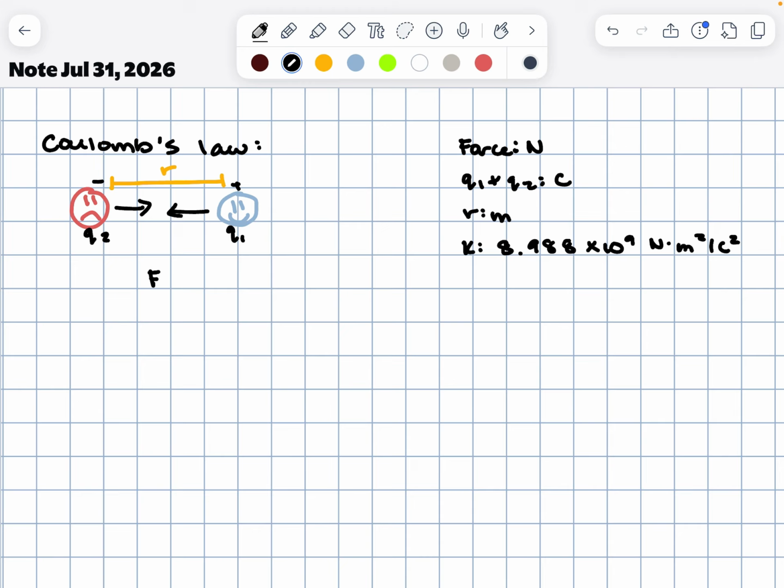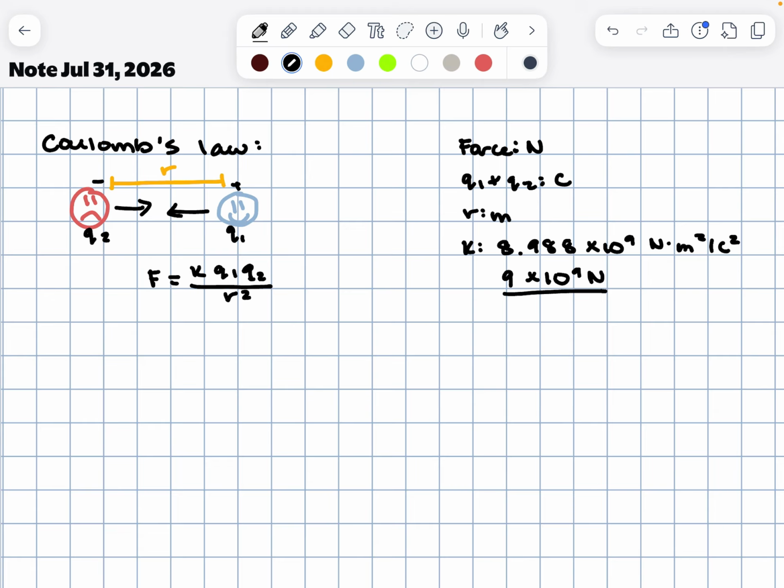But lucky for us, we could just plug this constant in as 9 times 10 to the 9th. Yay! So our equation is going to look a little something like our constant times our Q1 times Q2, so the charges, over our distance squared.